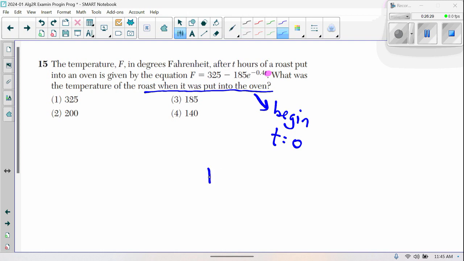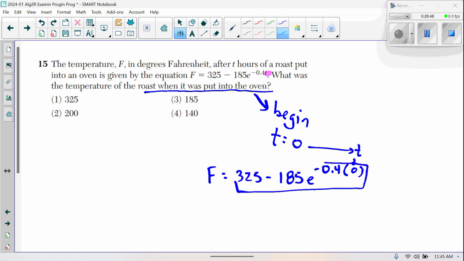So in the calculator, my Fahrenheit degrees is going to equal 325 minus 185 e to the negative 0.4 times a time of 0. That represents the beginning. So I'm going to take this part and literally put it in the calculator.